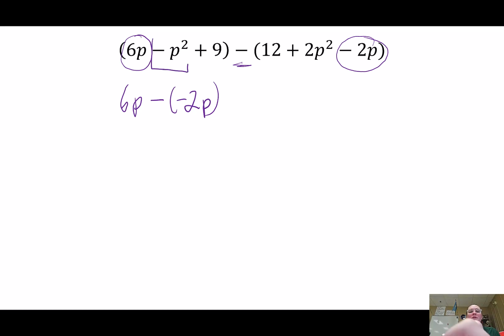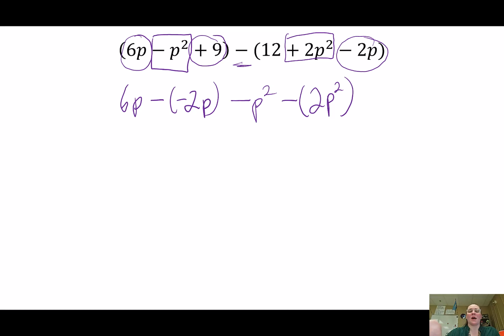I have a p squared here and a p squared here. So we are doing minus p squared minus 2p. And then finally my constants, 9 minus 12.